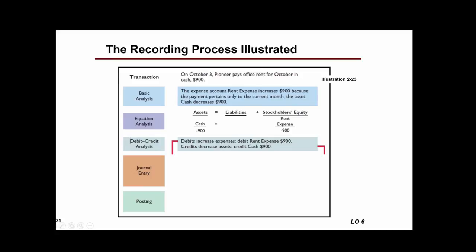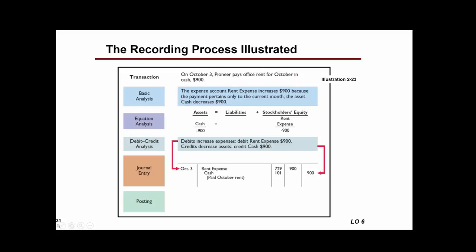So the journal entry will be what? So we have, on October 3rd, we debited rent expense, 900, and then, remember you have to put this indentation a little bit to the right, you have the right side of this event, which is in this case cash, a credit to cash for $900.